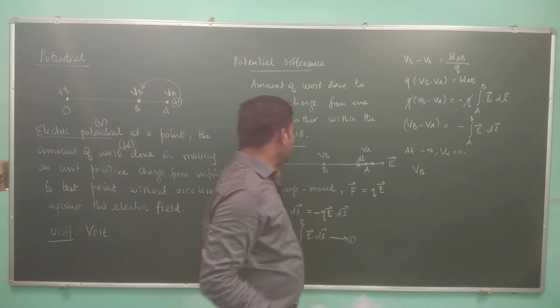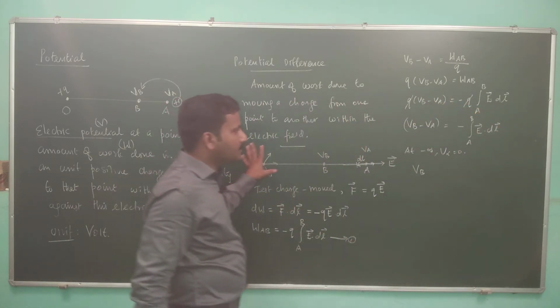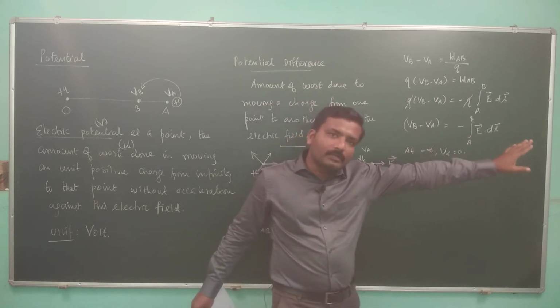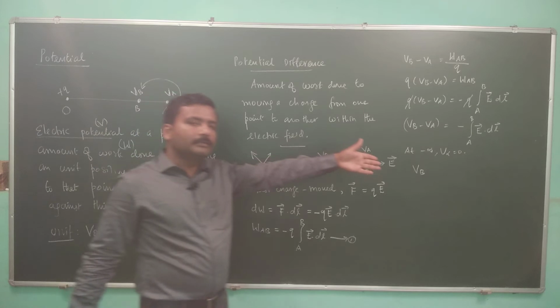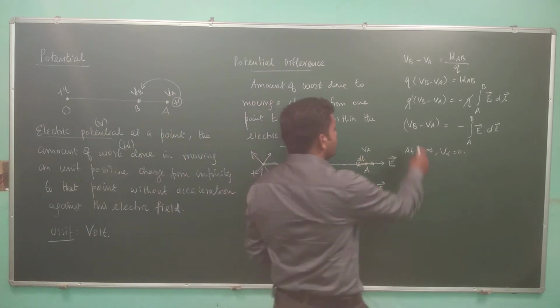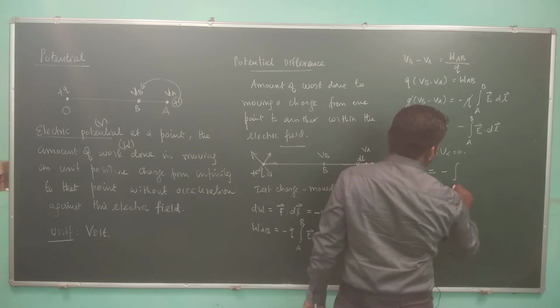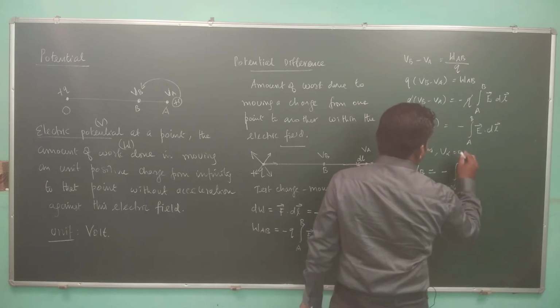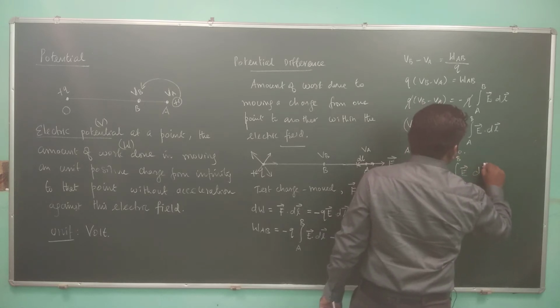Because you are going an infinitely long distance from the charge Q, the electric field will vanish after a certain distance, so at infinity the potential will be 0. So this equation becomes V_B equals minus integral from infinity to B of E dot dl.